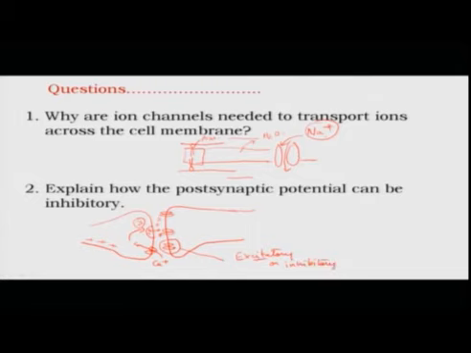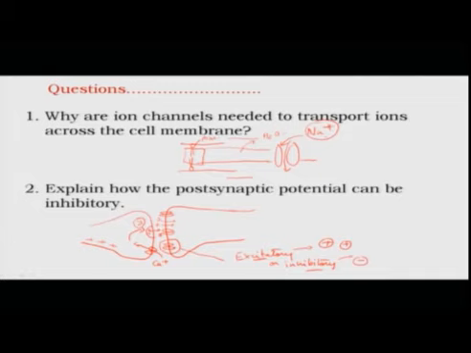What do I mean by excitatory or inhibitory? Excitatory is something that will lead to depolarization, or more positively charged ions getting in. Inhibitory, on the other hand, would be something that changes the membrane potential and makes it more negative. So, that is called hyperpolarization.